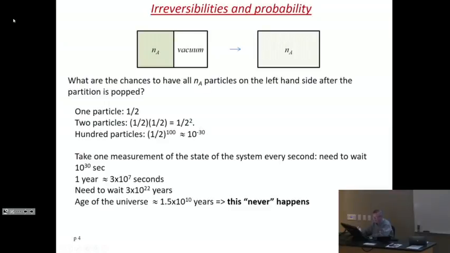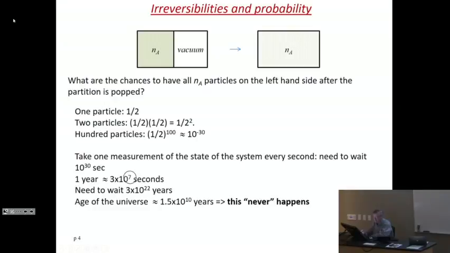Now, bear in mind, you don't have 100 particles. You have 10 to the power 23 particles. But let's just consider that you only had 100 particles. If you were to take a measurement of your particles left and right every second, for this probability to happen you would have to wait 10 to the power 30 seconds. What is 10 to the power 30 seconds?